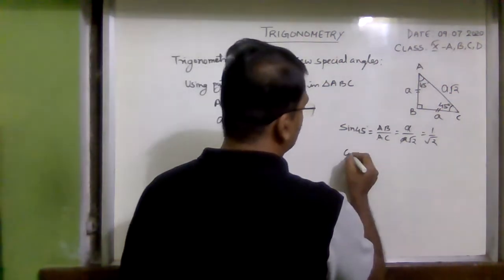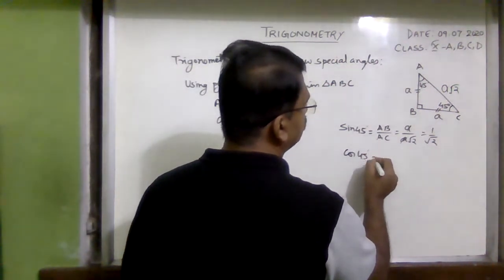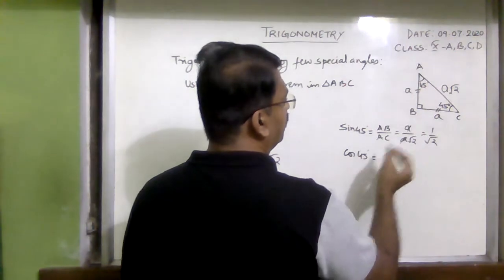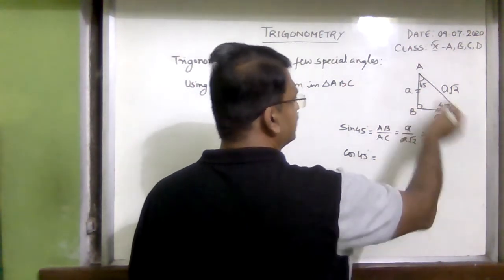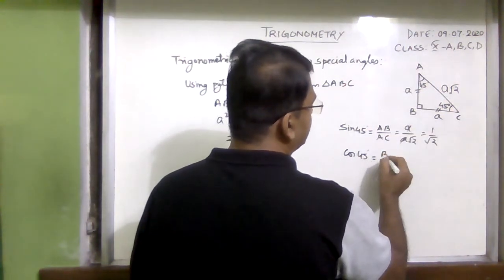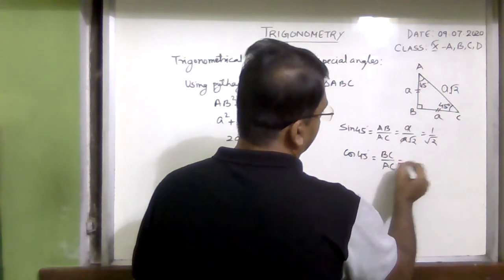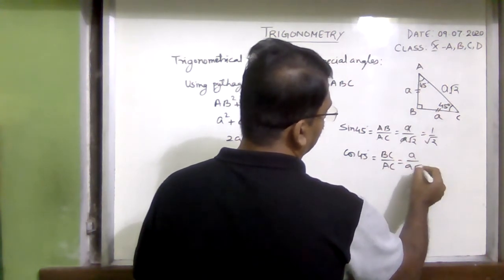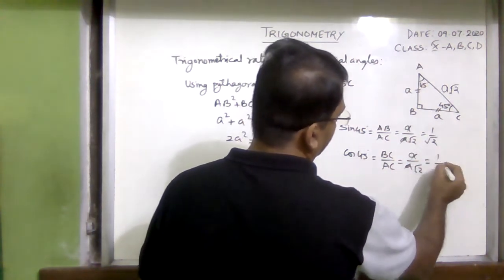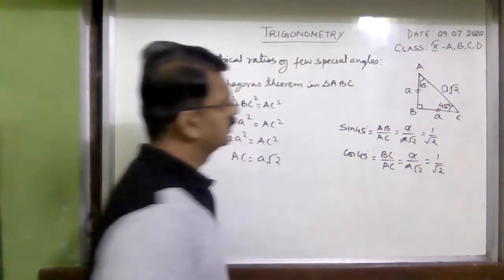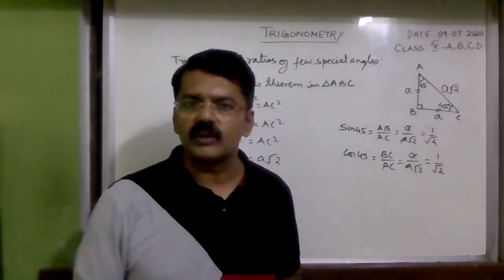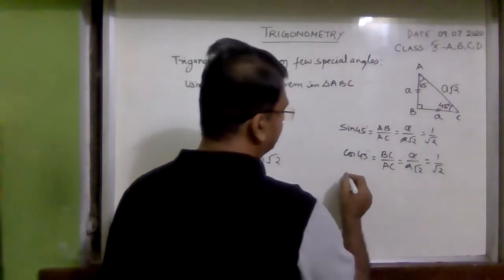Now cos 45. Cos 45, once again it is base upon hypotenuse, means BC upon AC, that is a upon a root 2. Once again a cancels out, so it is 1 upon root 2. So you can see the value of cos 45 is also 1 upon root 2. Now tan 45.